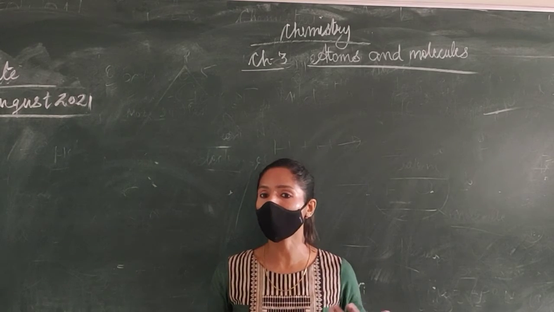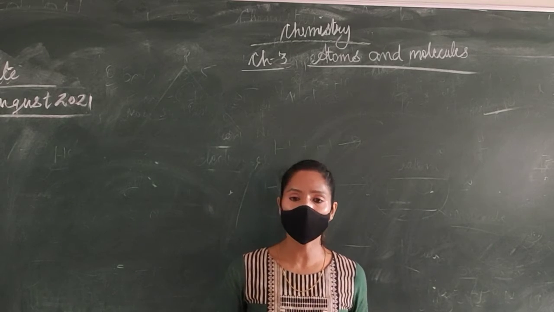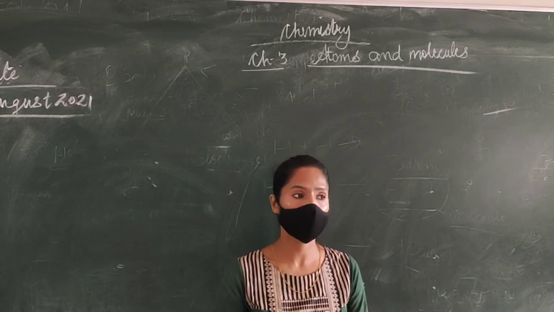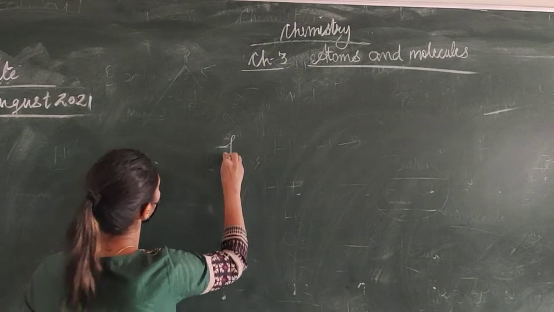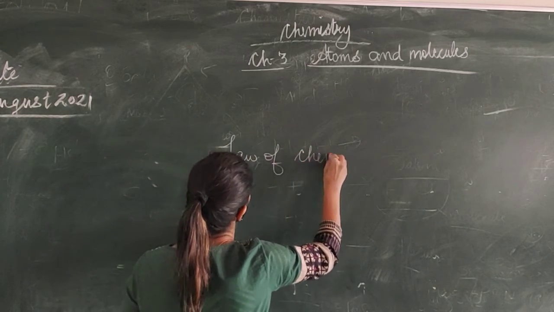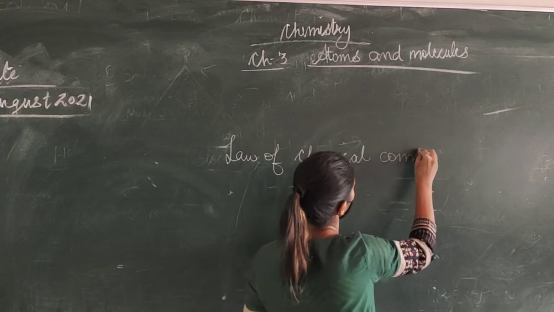So when atoms combine with other atoms, they form a molecule. Again, it's a chemical reaction. To study the chemical reaction, there are some laws which are called laws of chemical combination.